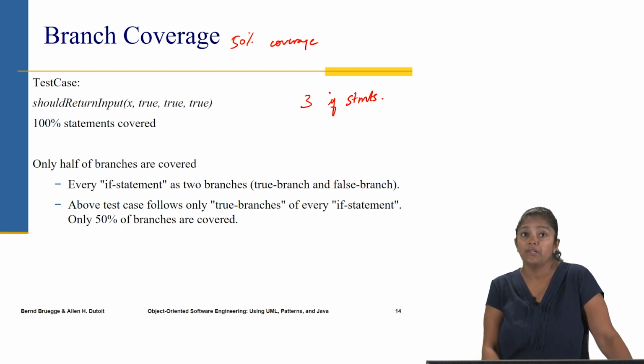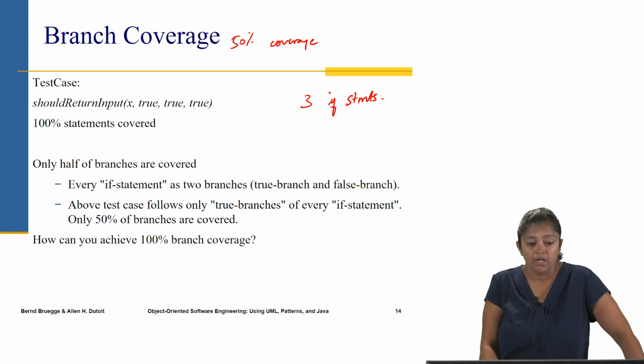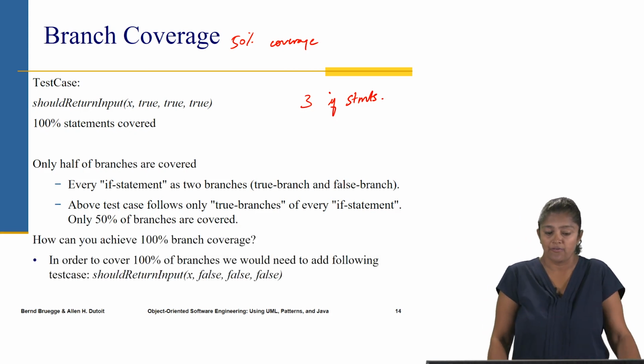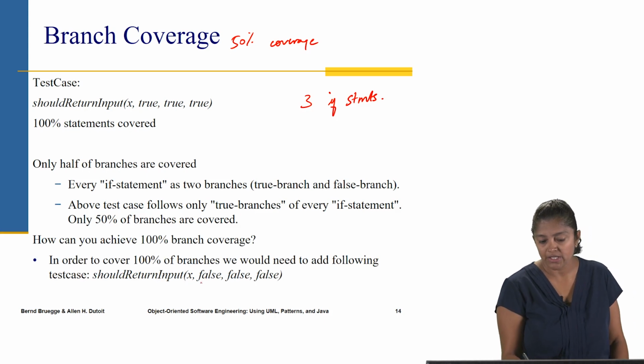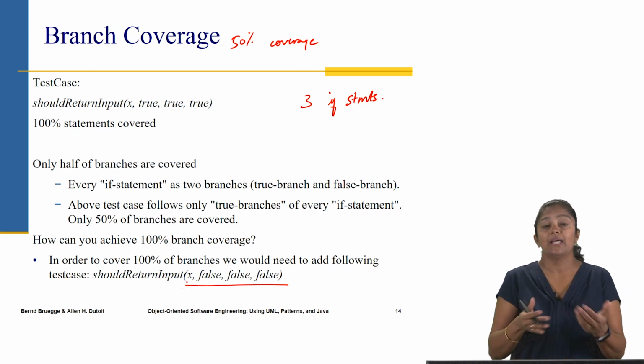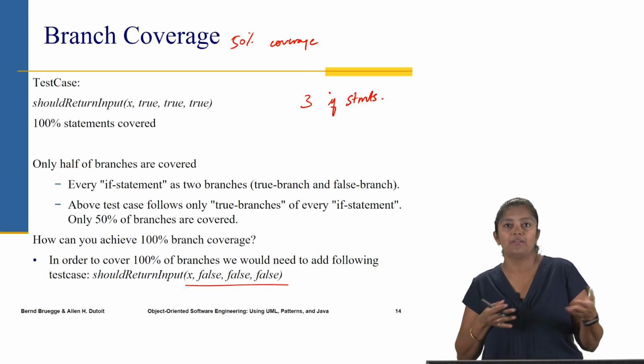So in order to achieve 100% branch coverage, we'll have to add another test case. Say we add the test case x, false, false, false. That will take care of the other branch, the failure branch.